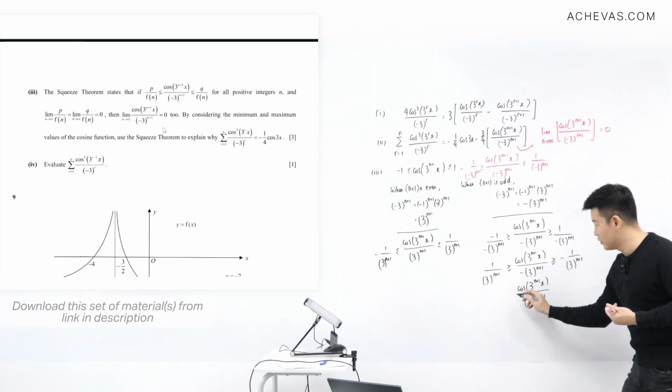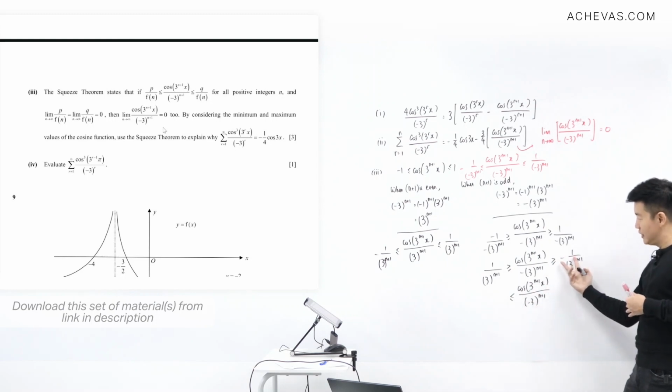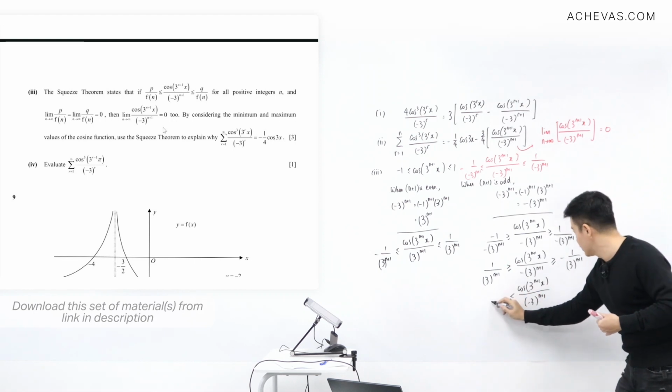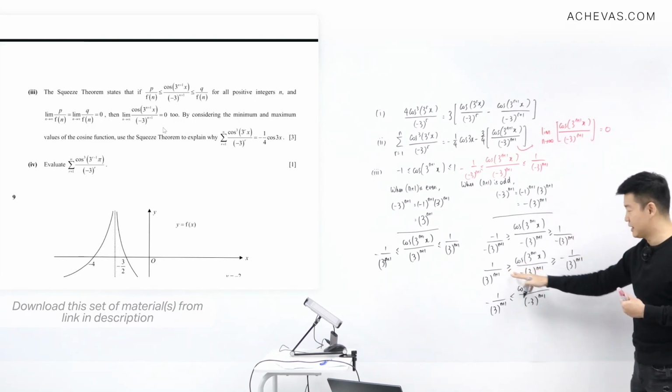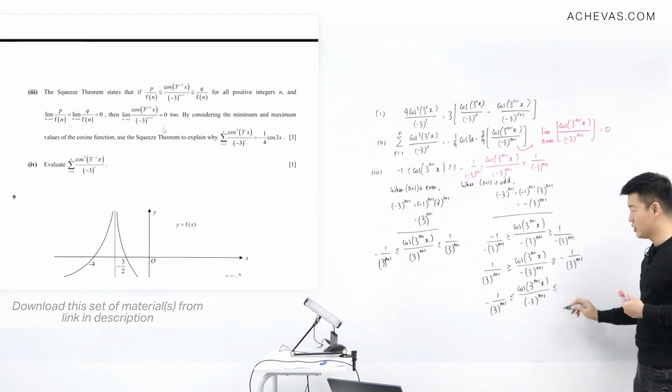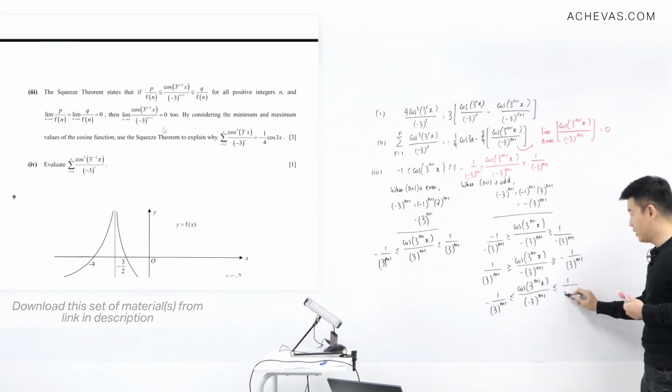So I'm going to write this here, because this is the more usual inequality that we are using. So this expression is bigger than negative 1 over 3 to the power of n plus 1. And this is smaller or equal to 1 over 3 to the power of n plus 1.